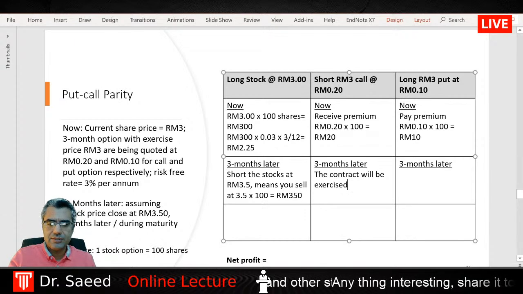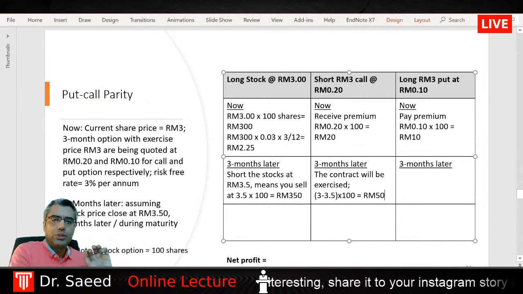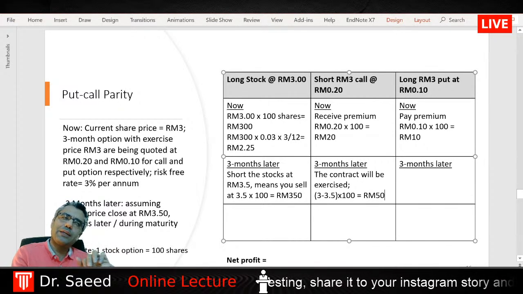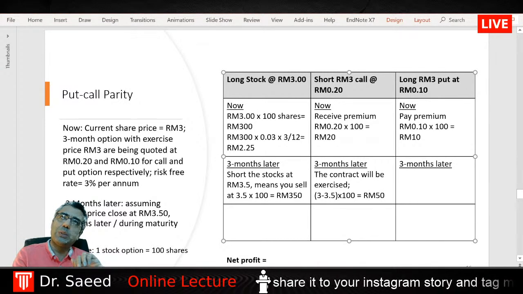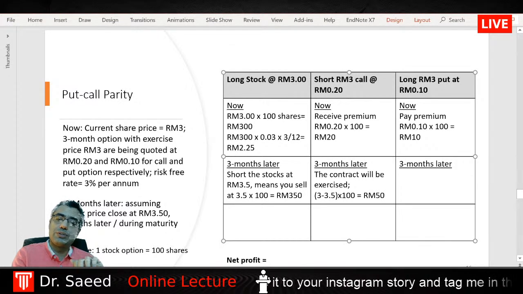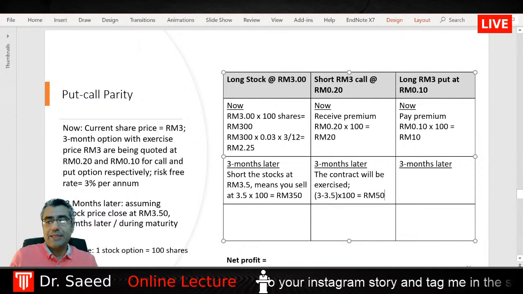So the contract will be exercised. This means that it's 3 ringgit minus 3.5 ringgit multiplied by 100, 50 ringgit loss. So this means you have to buy the stock in the market at 3.5 and sell it to the person at 2 ringgit. So this means 50 ringgit loss on this contract, but of course you receive some premium as well.